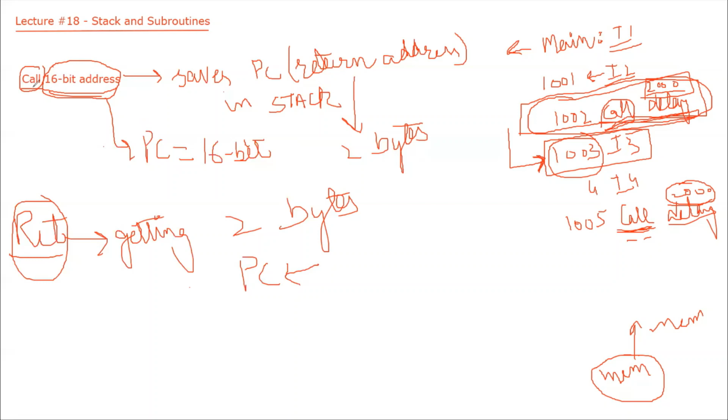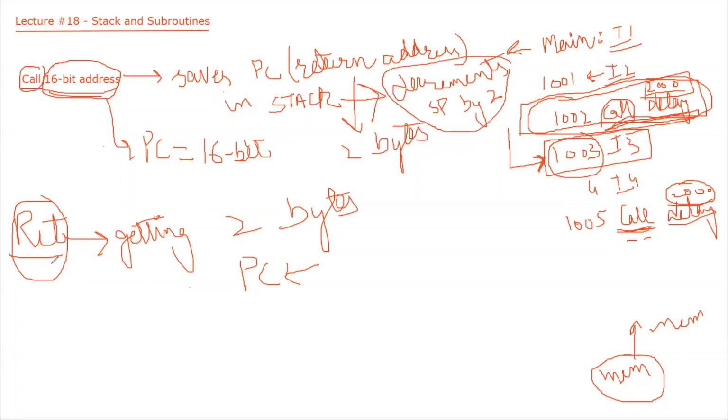So when a call instruction was executed, it saves PC in stack, and also please remember it decrements stack pointer by 2. Why by 2? Because saving program counter in stack means it is doing a push operation, and we know when we do a push operation, we decrement stack pointer by 2.